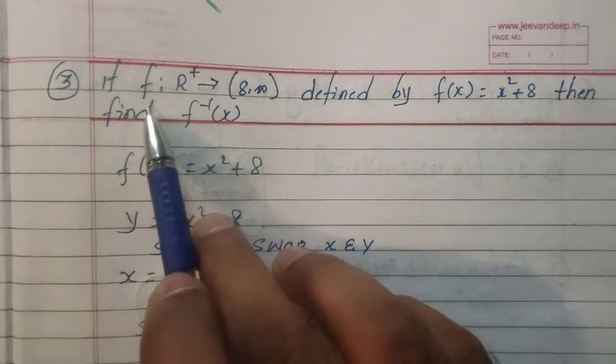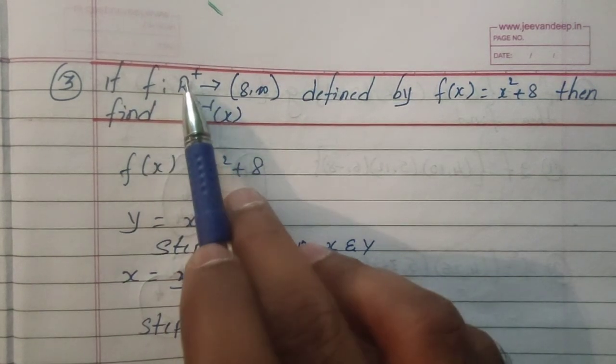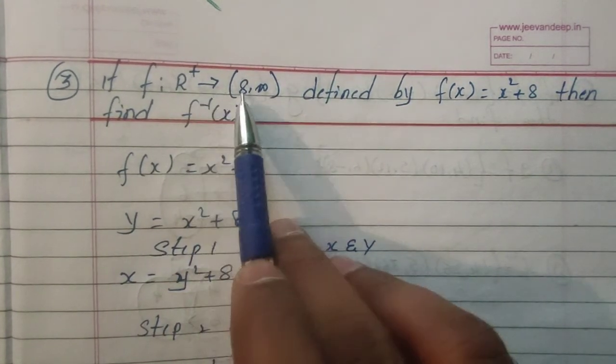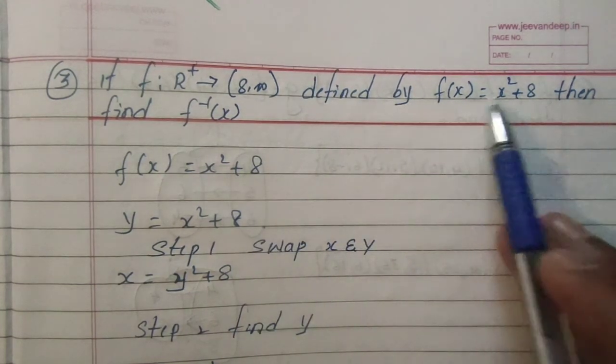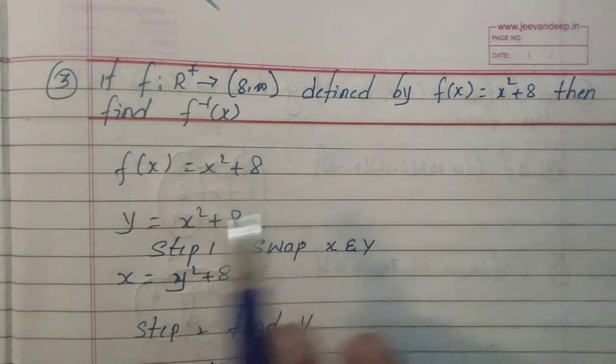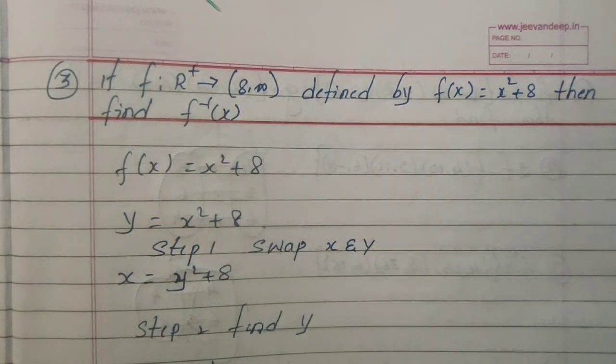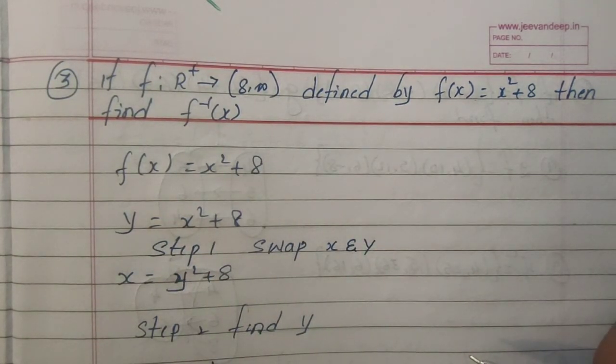If the function f from R to [8, infinity) is defined by f of x equals x square plus 8, then find the f inverse x. So we need to find the inverse. They are only asking to find the inverse, so there is no need to check the one-to-one and onto conditions, no need to check bijective.